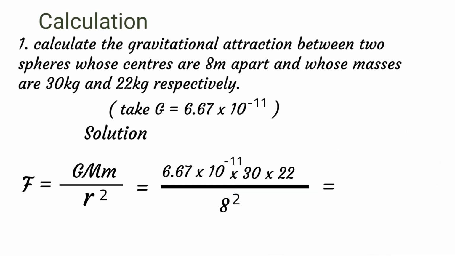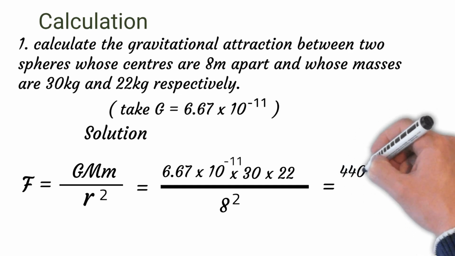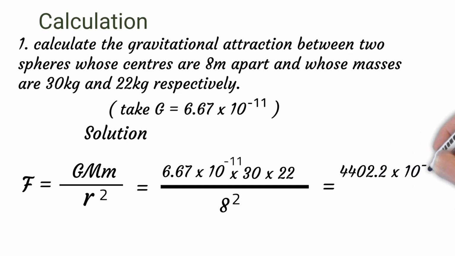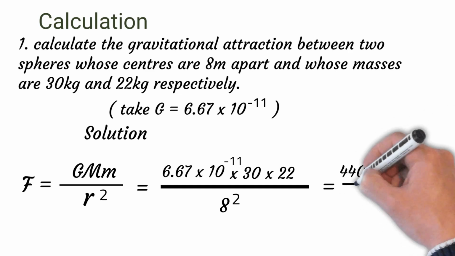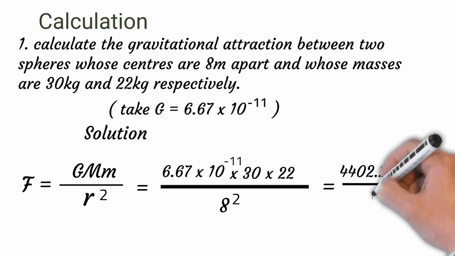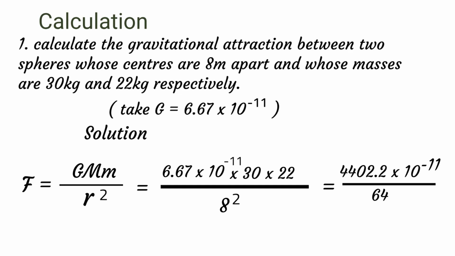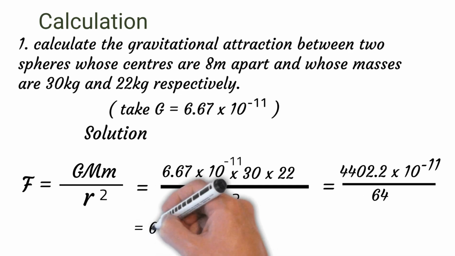So if you multiply 6.67 times 30 times 22, we're going to have 4402.2 times 10 raised to the power minus 11 all over 8 squared, which is 64. We're going to divide 4402.2 by 64 now with the calculator.